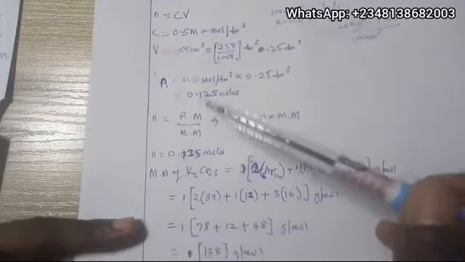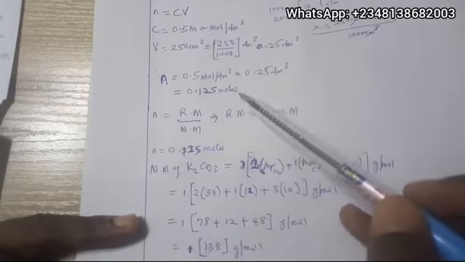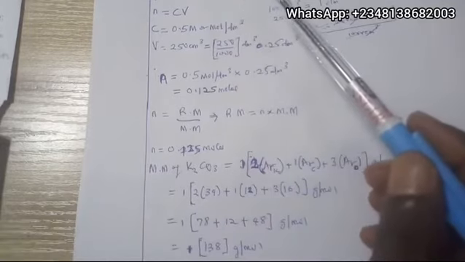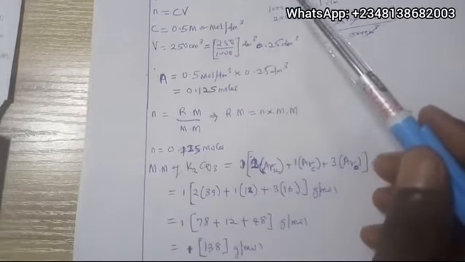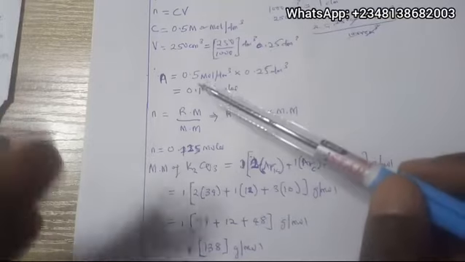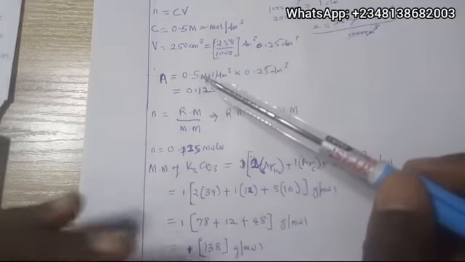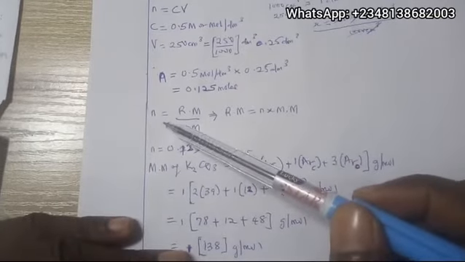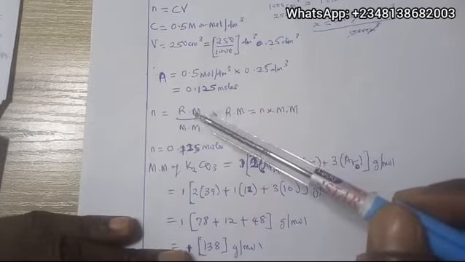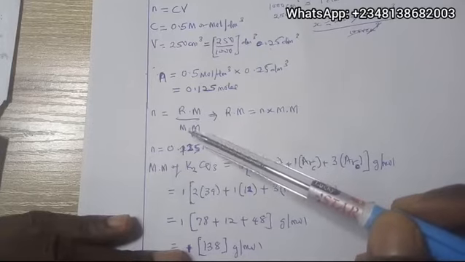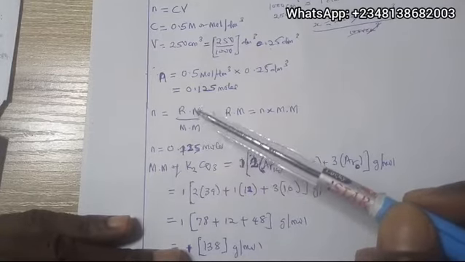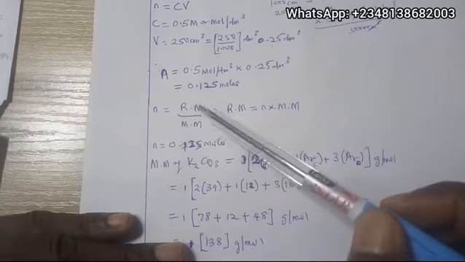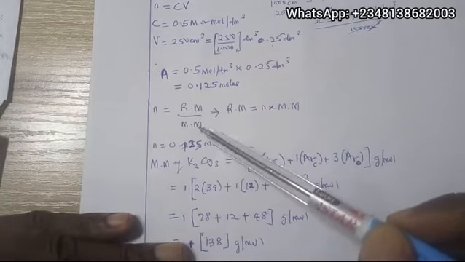So if that is the case, we can now use this number of moles to determine the mass of potassium trioxocarbonate(IV) required to produce this solution. All we need to do is convert this number of moles to mass. And there is a relationship between number of moles, reacting mass, and the molar mass. The relationship says that number of moles is equal to reacting mass over molar mass, where Rm is reacting mass and Mm is molar mass.